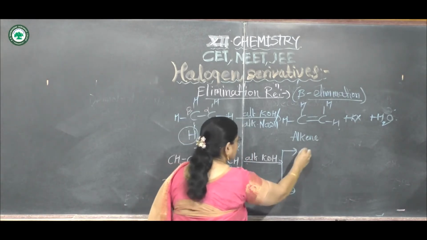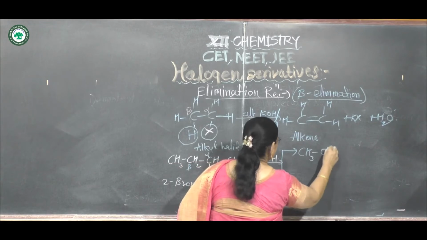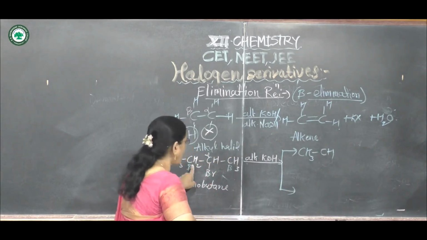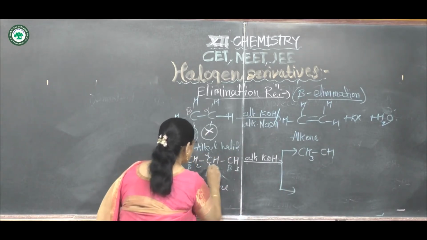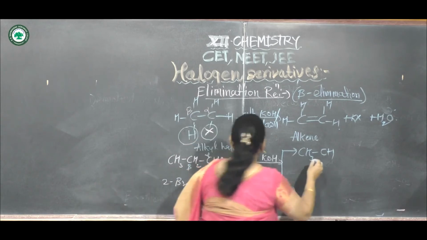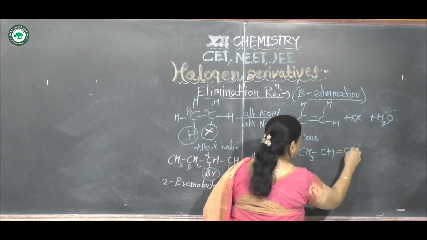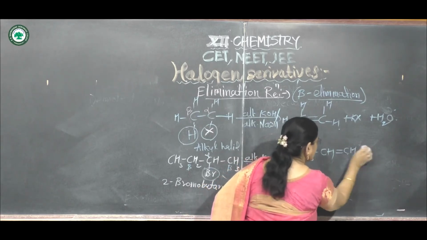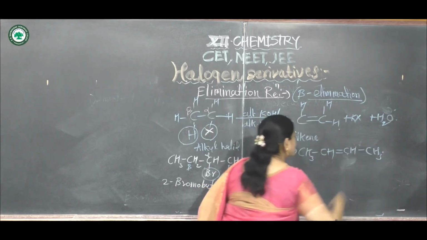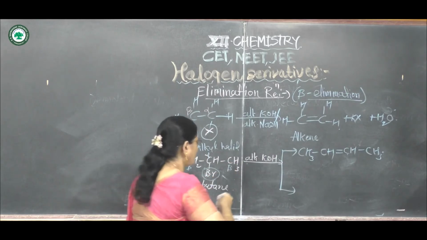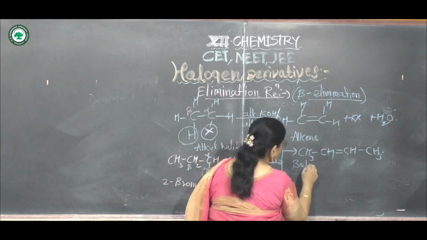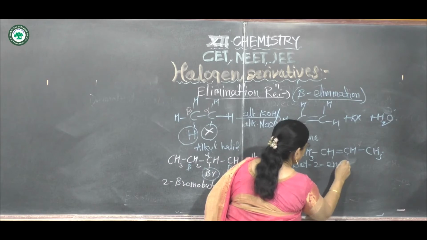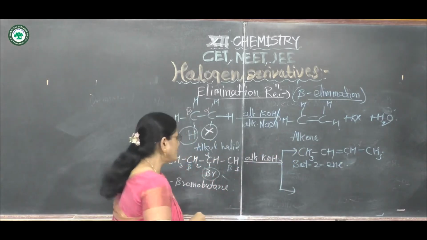First, hydrogen from this carbon atom is eliminated with the bromine atom and it gives CH3, CH, double bond, CH, CH3. It gives one alkene, the name of this compound is but-2-ene.